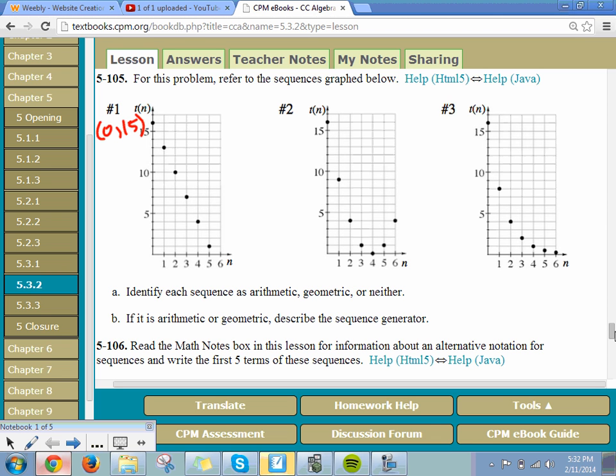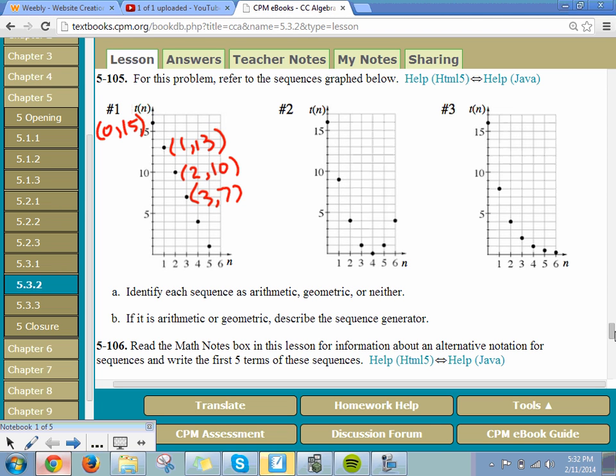This is the point 0, 15. And then this is the point 1, looks like 1, 2, 3, 4, 13. And then we have the point 2, 10. Then 3, 7.